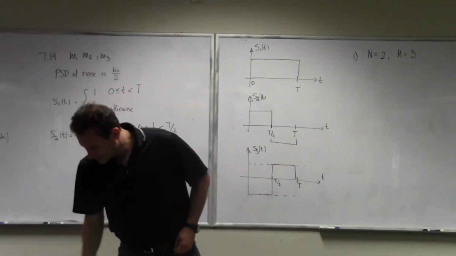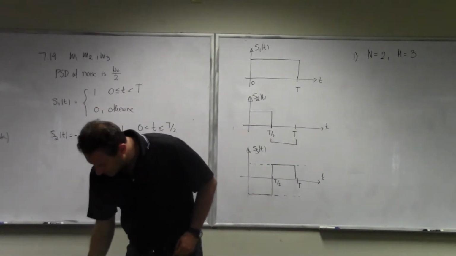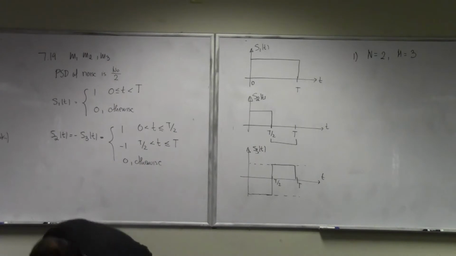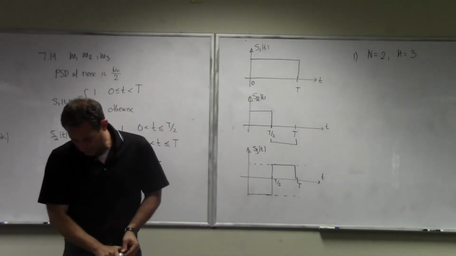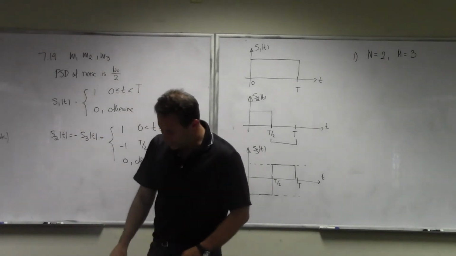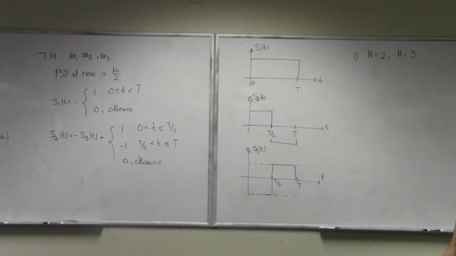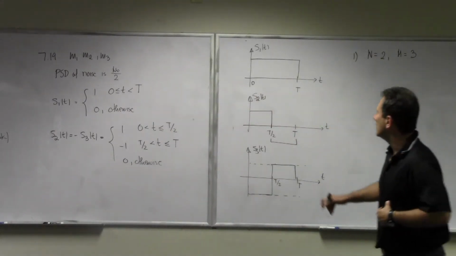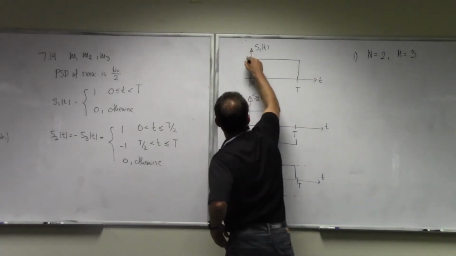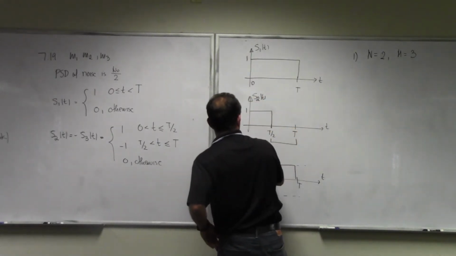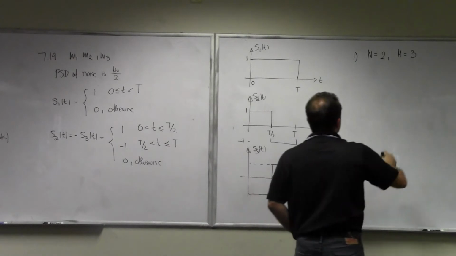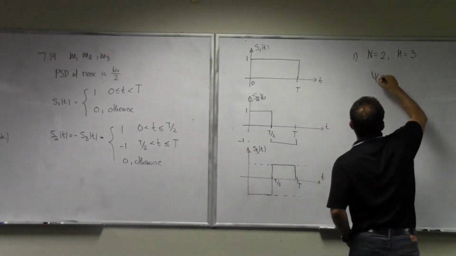The second question is, find appropriate basis vectors for the signal space. And it says, hint, you can do that without Gram-Schmidt orthogonalization. What you need to remember, the basis vectors are made to be unit norm. Right, so what is psi 1 of t?